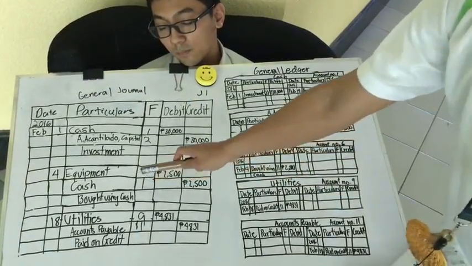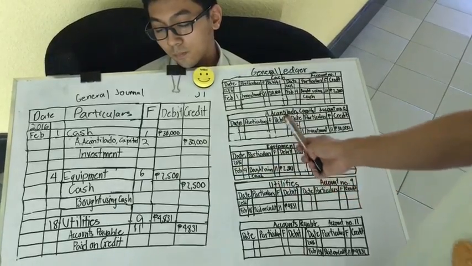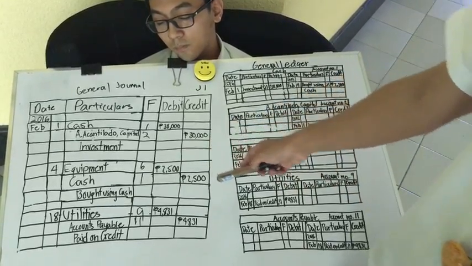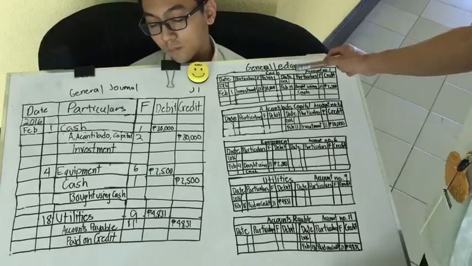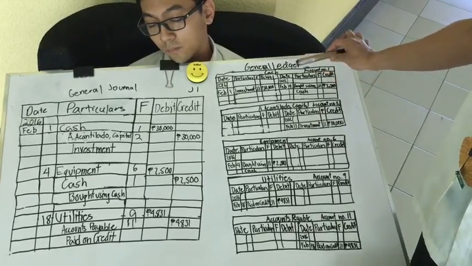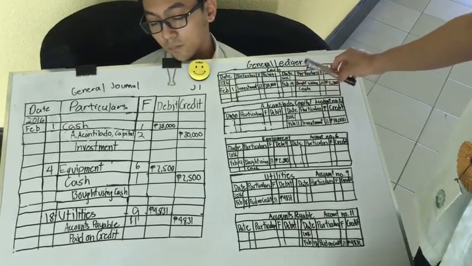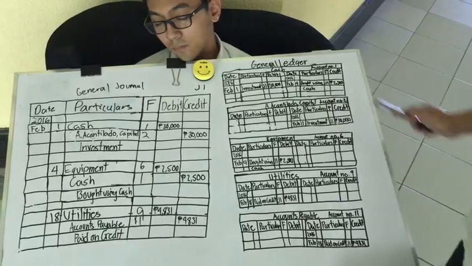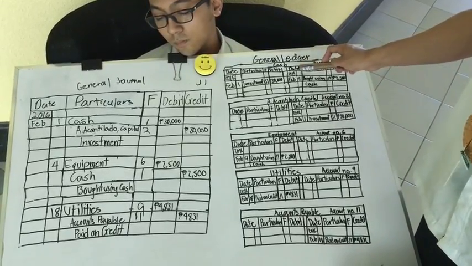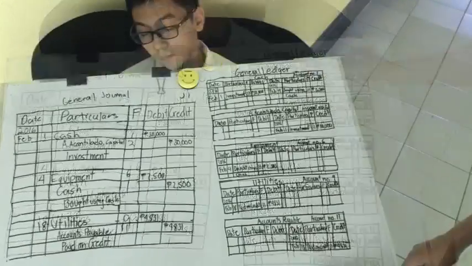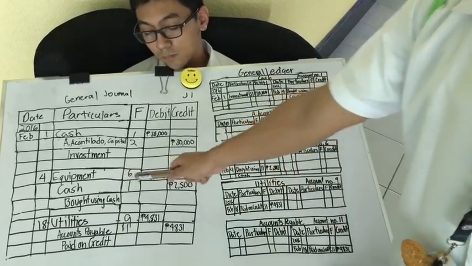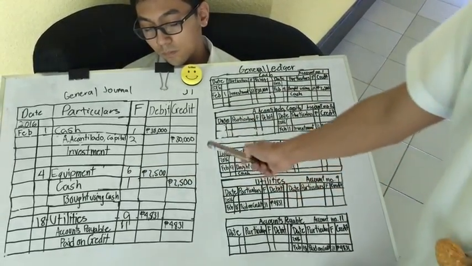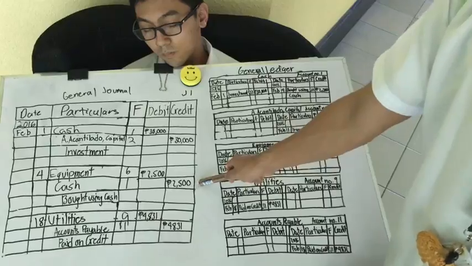Next is cash. Since it's on February 4, we go to the account of cash, which is up here. But this is the first entry on the credit side of the account, so we have to start over by putting the year, then the month, and then the date. Cash is written under the credit side.